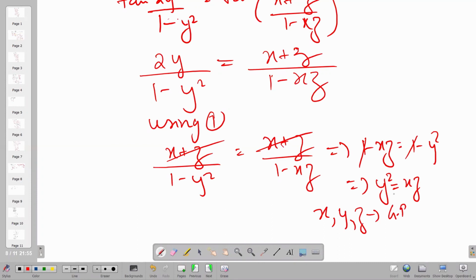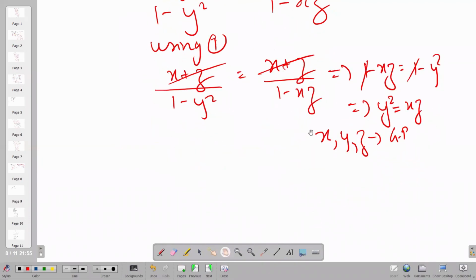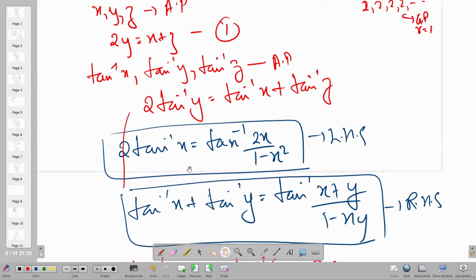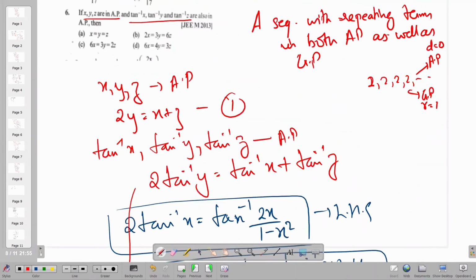And my given condition was x, y, z are in AP, and I get x, y, z are in GP. That means if x, y, z are in both AP as well as GP, then in that case x is equal to y is equal to z is my answer. So my desired option is option A.